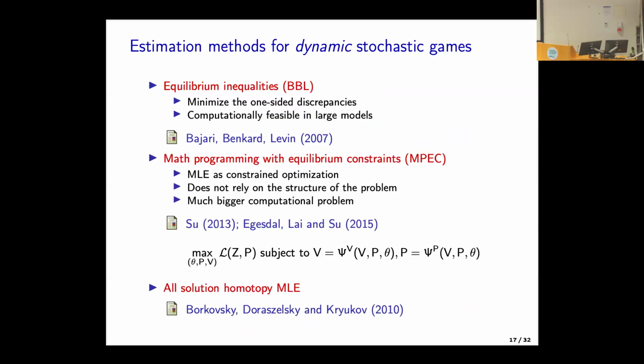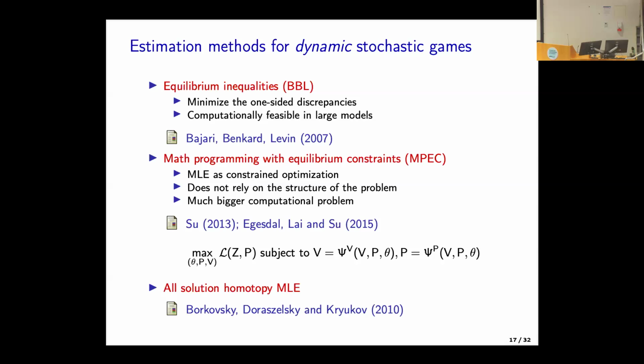Okay, we also talked about MPEC this morning, which is a little bit different. You maximize the likelihood not only over the structural parameters, but now also over the whole set of conditional choice probabilities. That's conditional choice probabilities for all the different players, actions and states. So now it's not just a scalar like we had before for two players. It's a whole vector, right?